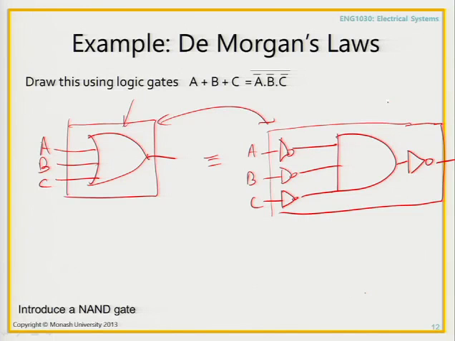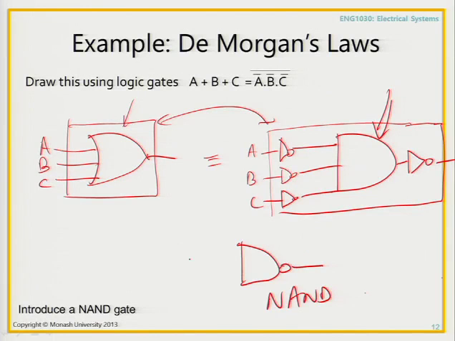It turns out that there is a name for this kind of gate, which is an AND gate followed by a NOT gate. This is often abbreviated to this kind of symbol, and this is called a NAND gate. As the name suggests, it's a NOT AND gate.